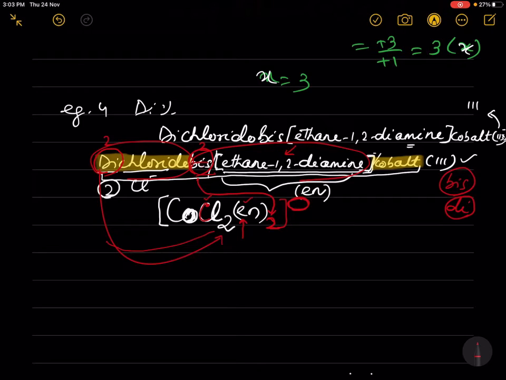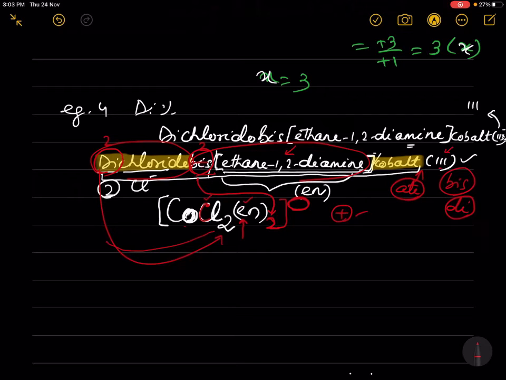And here it is written cobalt, no ate is there. So I think this is a positive charge cation, but let me find the charge. And you know Co is written as cobalt followed by a Roman numeral 3, means the charge on it is +3.